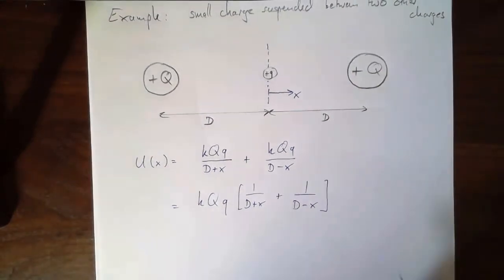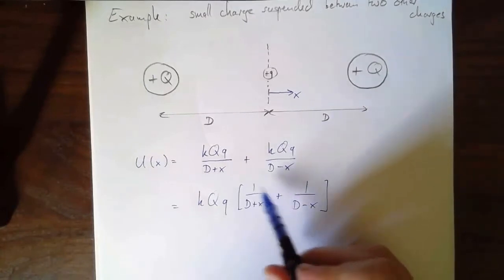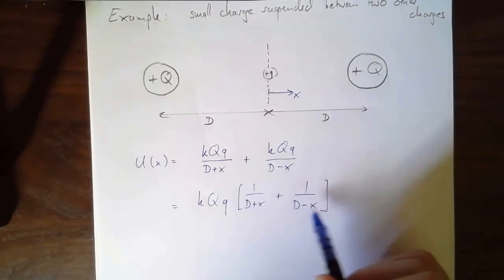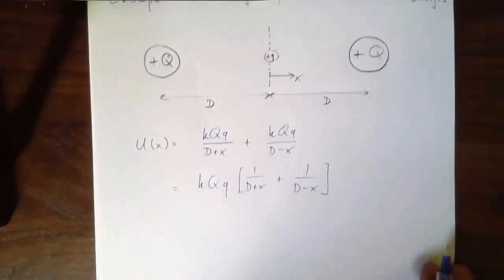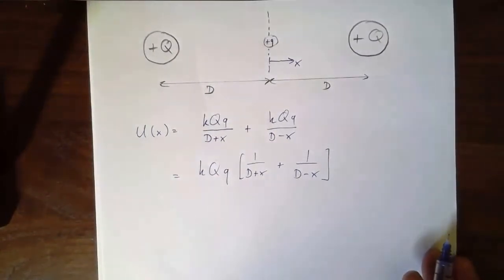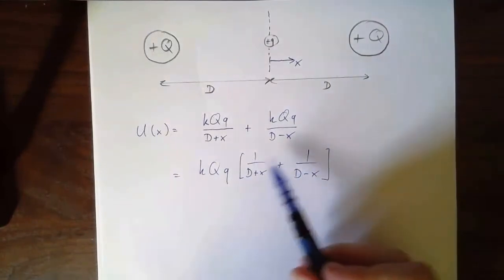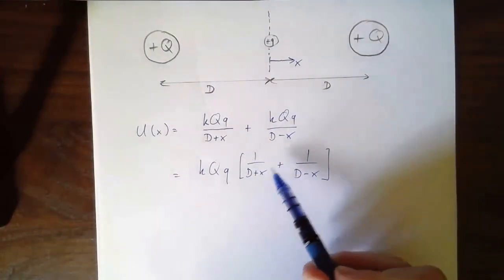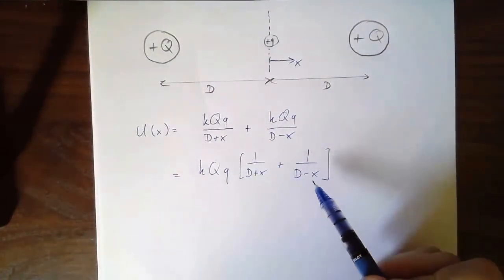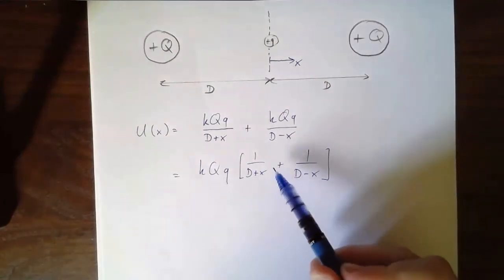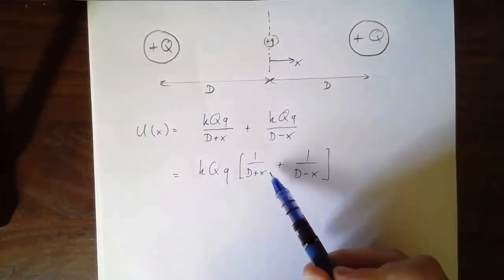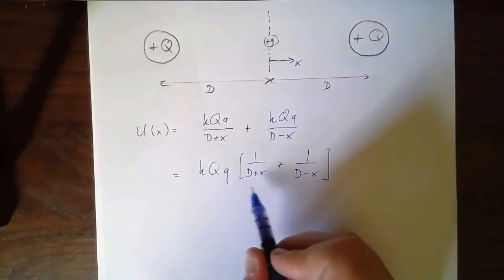Okay, so I want to approximate this function. This is a function of x. You saw what it looked like. I want to approximate it as a quadratic, or more generally a polynomial, and then focus on the quadratic term. So let's do that.